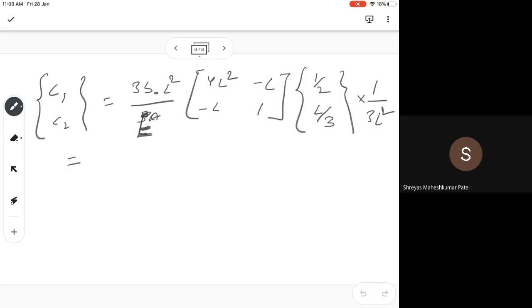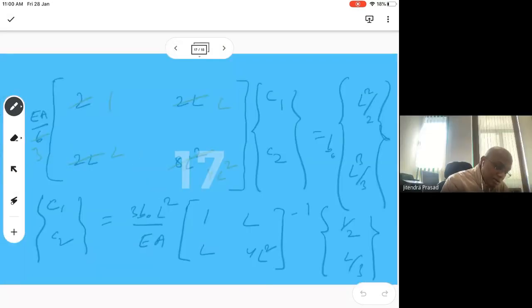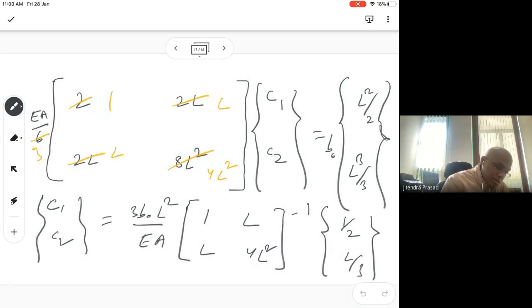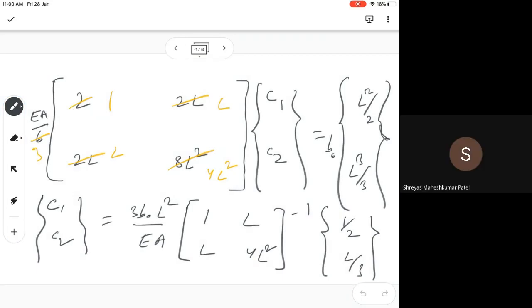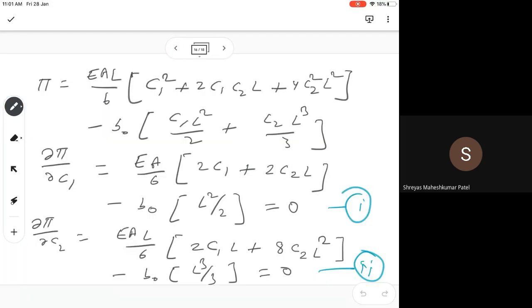EAL. Where is EAL? On slide number 16, sir. At pi, an equation of pi, EAL over 6 is there, sir.